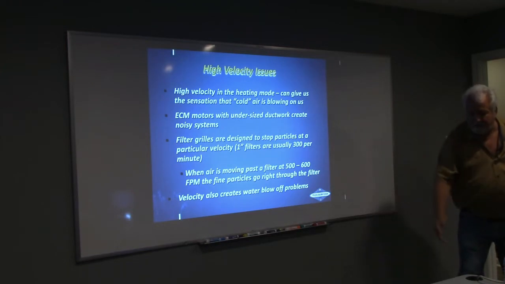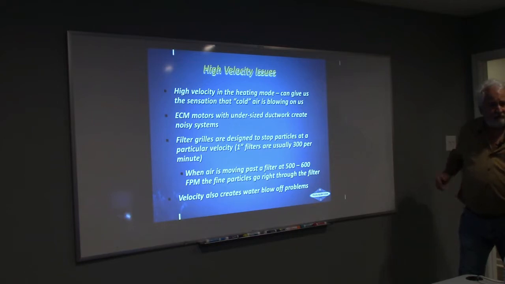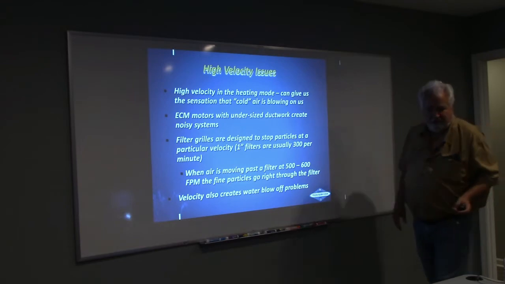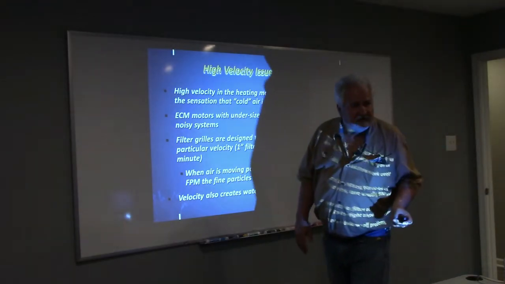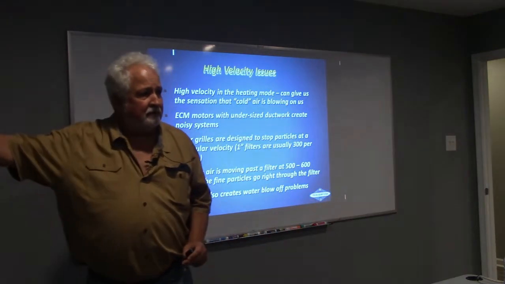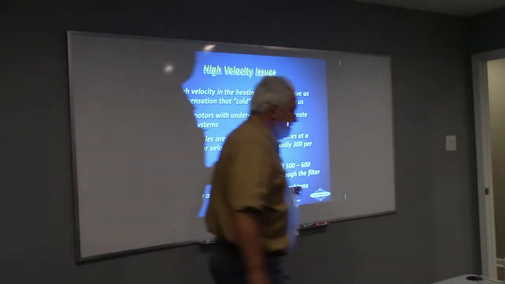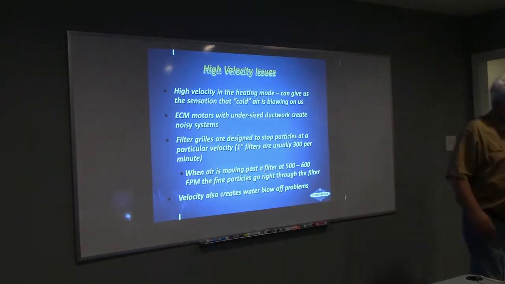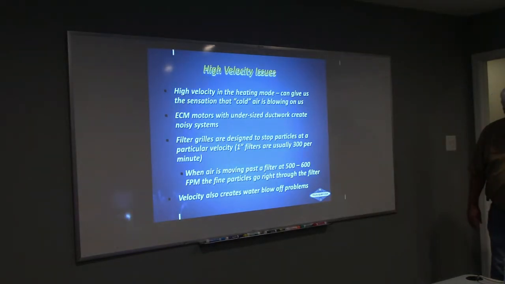Let's call that 35 degrees and this 80 degrees. If I was going through there at that 350 feet per minute, I'm going to go across that coil like this. Oh, it's going to cool me down, and I'm going to go right on through. Is that right? If I undersize that return air duct, and now that air is going, what?